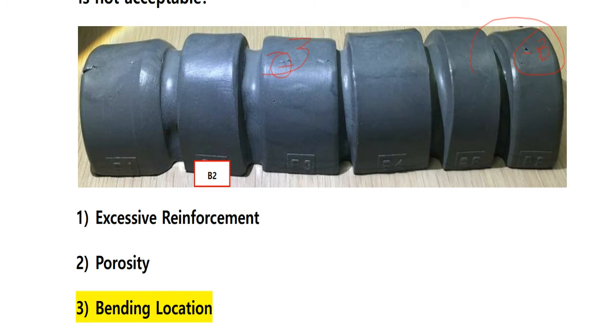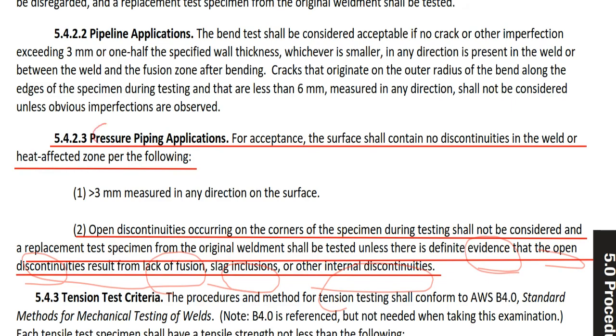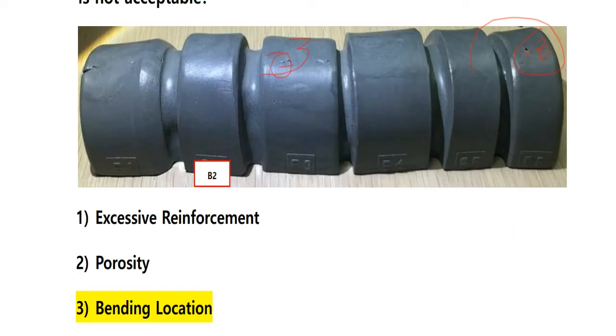But in pressure piping application, this corner crack is not acceptable unless this open discontinuity or slag inclusion is present. Other than that, this corner crack is not reject.